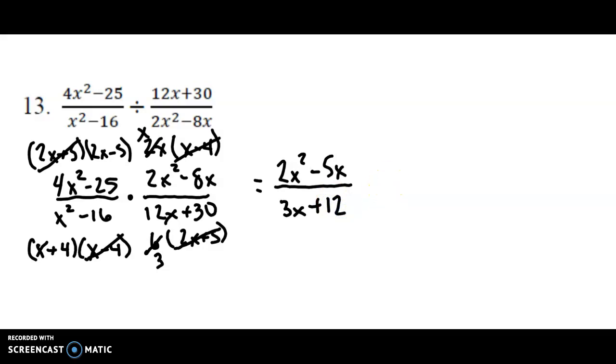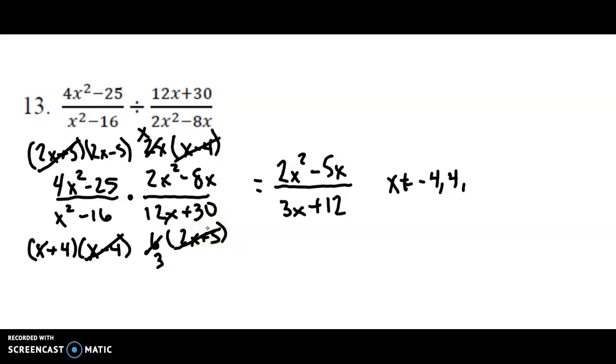And our excluded values, x cannot equal, again, denominators. Negative 4 for that first one. Positive 4 for that second one. Here, 2x plus 5 can't equal 0. You would solve that.